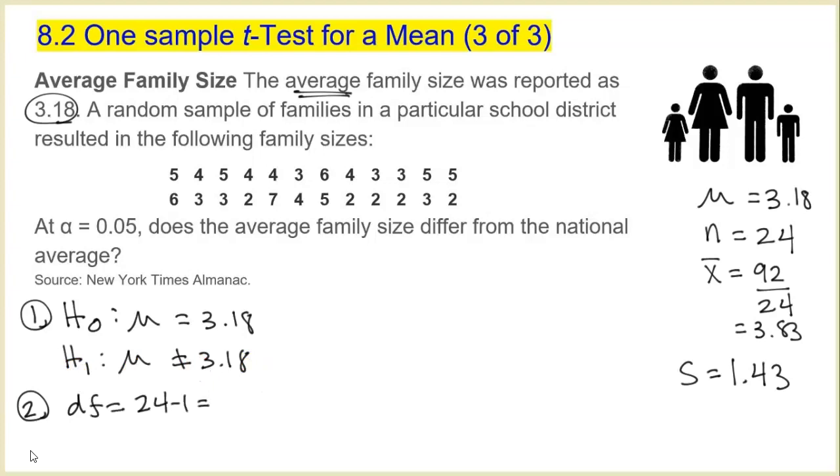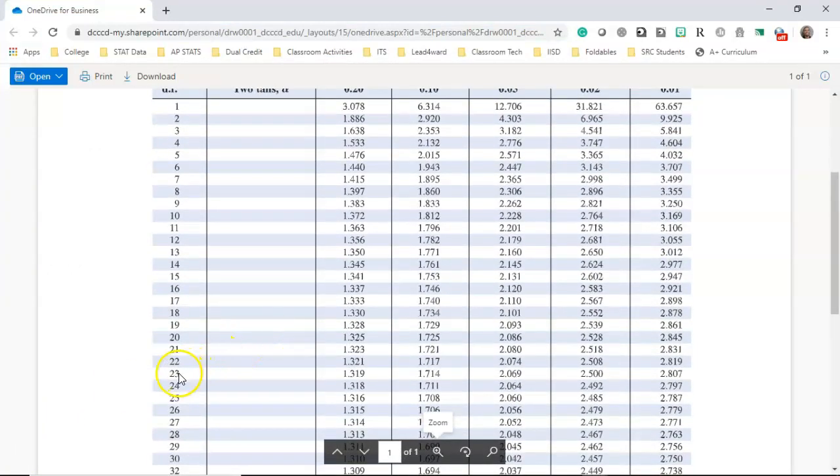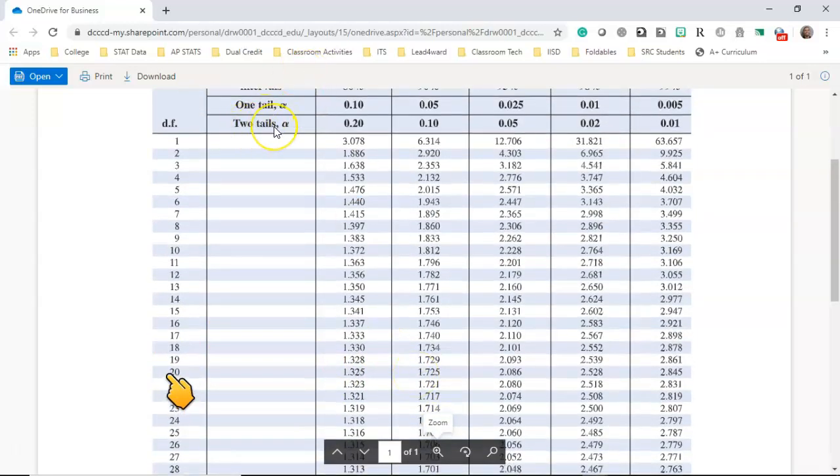And then we find our critical value. So degrees of freedom, 24 minus 1, which is 23, alpha 0.05, and this is a two-tailed test because it's not equal to. So when I go to my table, I'll look for degrees of freedom of 23. Here we go, 23. And then I want a two-tailed test, and I want 0.05, which is right here.